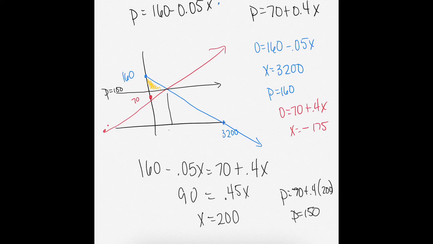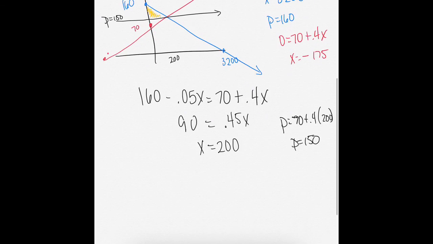The x value is 200. And hopefully you see why that's important to note. Okay, so the area of this triangle, the consumer surplus, would be area equals 1/2 base times height.